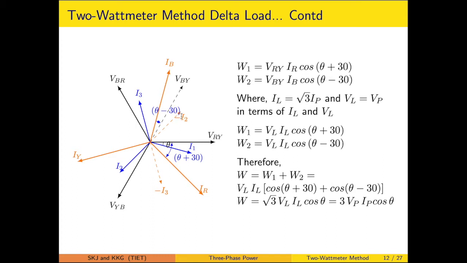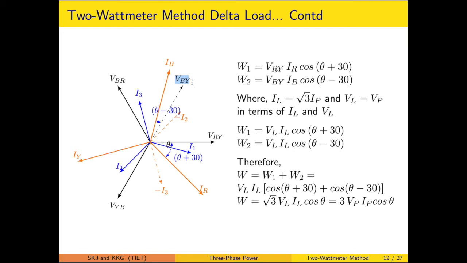Between this, there is another point which we have to highlight: we are measuring a voltage with respect to Y, so we also have to draw a phasor VBY, which is negative or opposite of VYB.